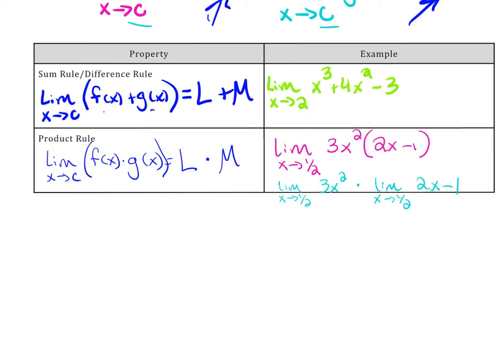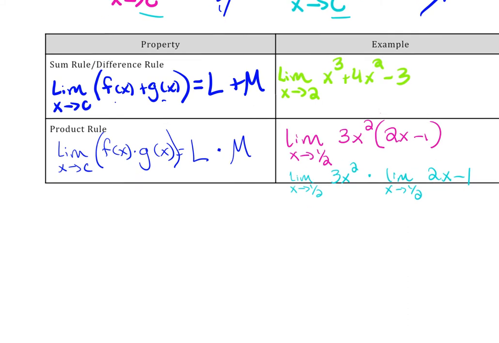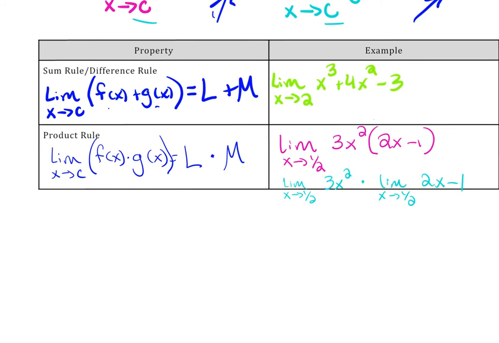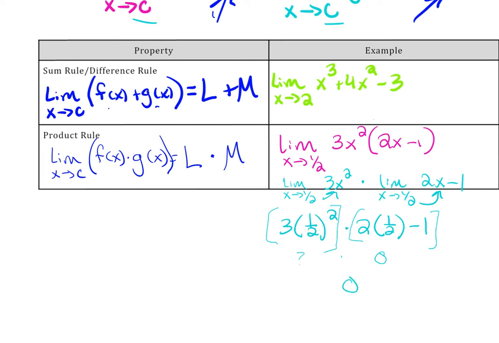All right, so if I just plug in, I can do direct substitution again. So 3 times 1/2 squared times 2 times 1/2 minus 1. Well, I know this right here is going to be 0, and 0 times anything is 0.